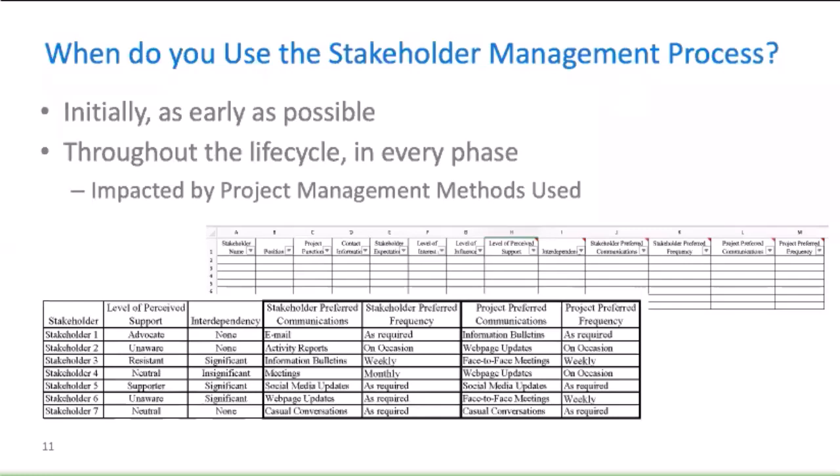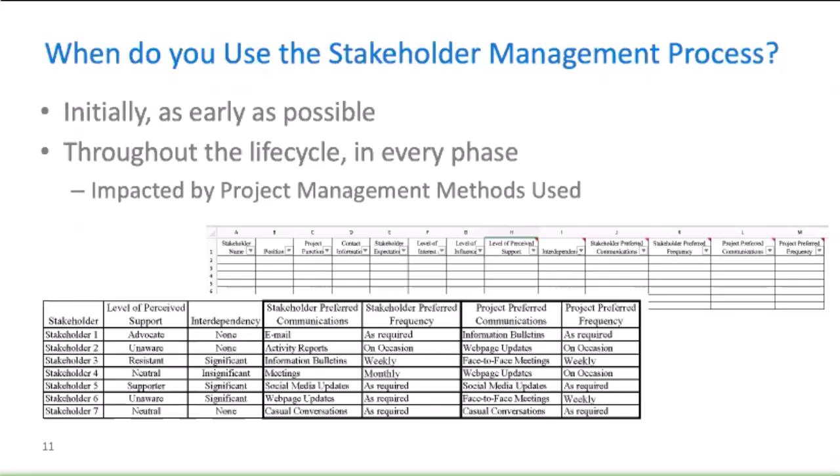Conversely, if you are engaged in an agile project or a spiral project, you need to engage your stakeholders at every sprint or at every spiral. You're going to have a much more active stakeholder management engagement depending on what project management method is used.